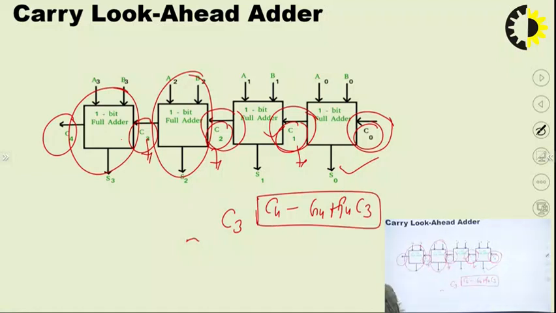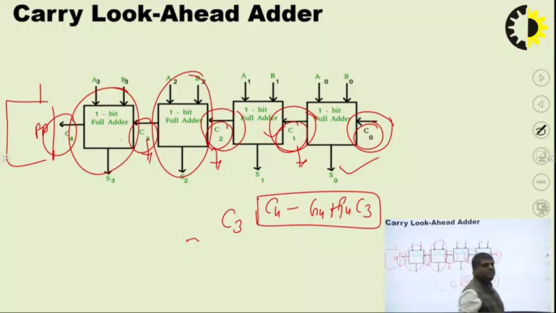That is the value of C4, and we can calculate C4 in advance so that we can remove the propagation delay for the next full adder. So, this is the main concept for this carry Lookahead adder.